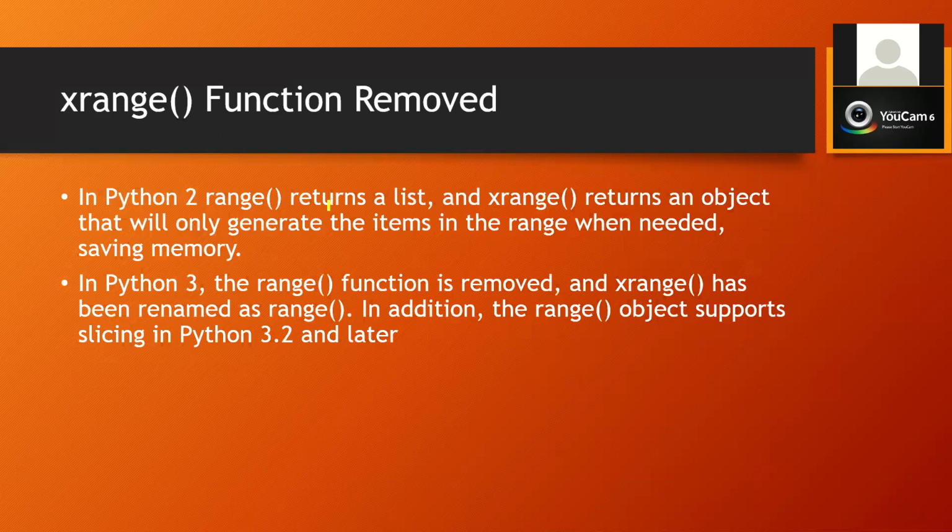Okay. In Python 2, range returns a list and xrange returns an object. Object means any data type, anything. List means there is a concept called list in Python. So range was returning the list when we were using Python 2. xrange returns an object that will generate the items in the range when needed.